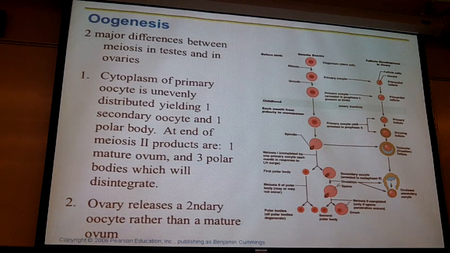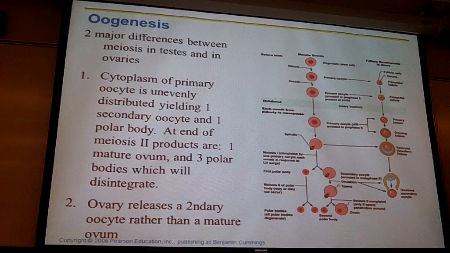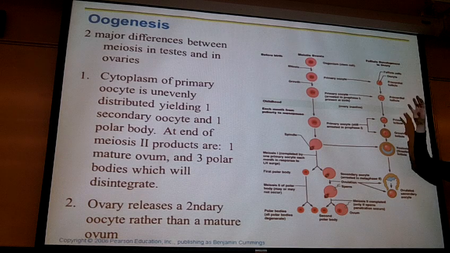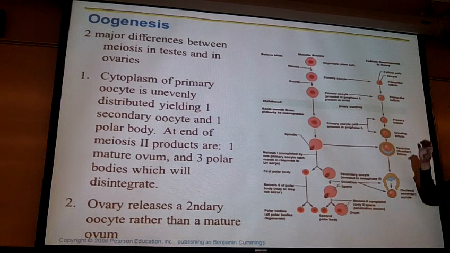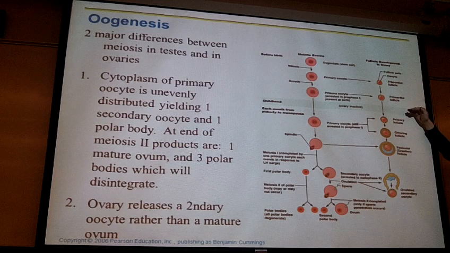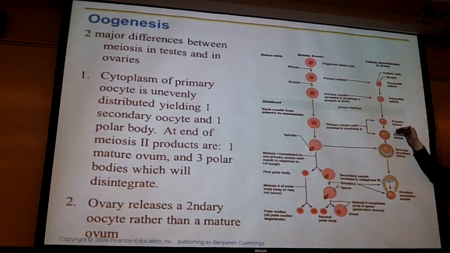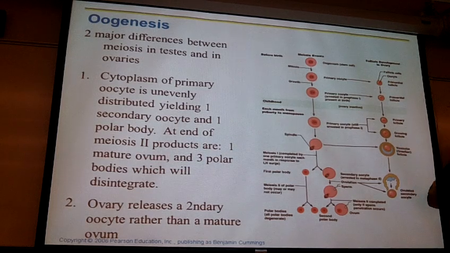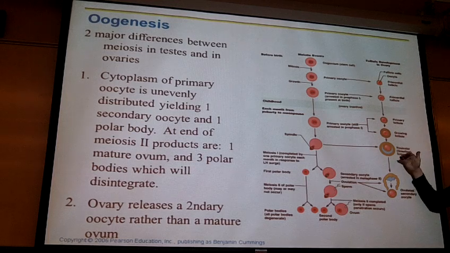Then, when puberty hits and we get FSH and LH levels rising, FSH, follicle stimulating hormone, in particular is going to target the primordial follicle. That's going to cause the primordial follicle to become a primary follicle. Primary follicles will then mature into secondary follicles. Secondary follicles will then become tertiary follicles.